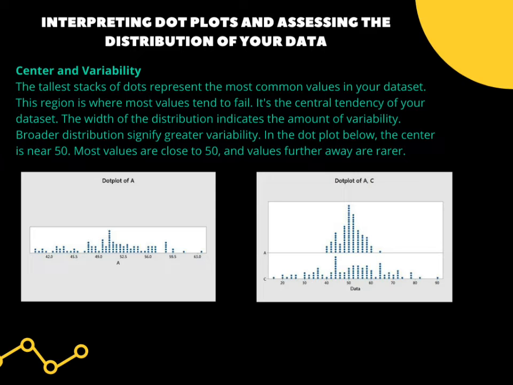In this dot plot, the two distributions both center on 50. However, the spread of values is notably different. The values for group A mostly fall between 40 and 60, while for group B, the range is 20 to 90.